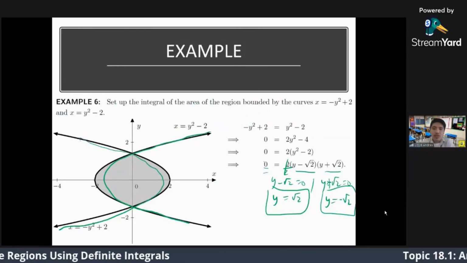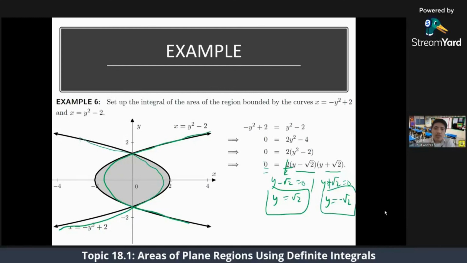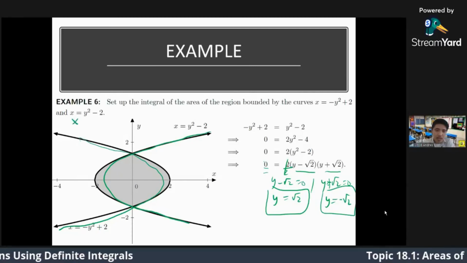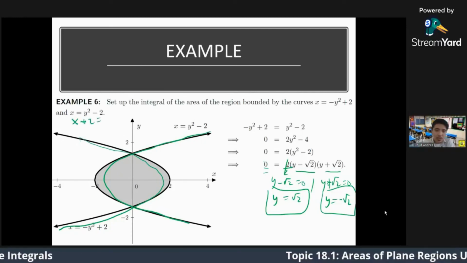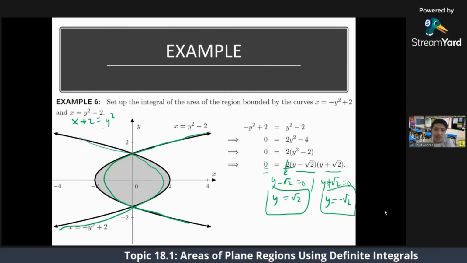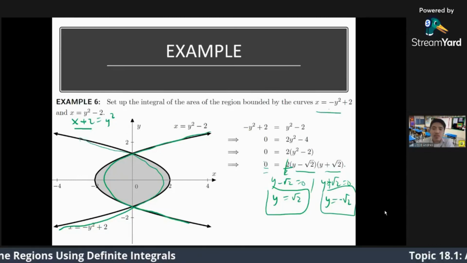Right limit is this one. And this again is x plus 2 equals y squared, which is the left. The right limit is this. The book has it reversed.